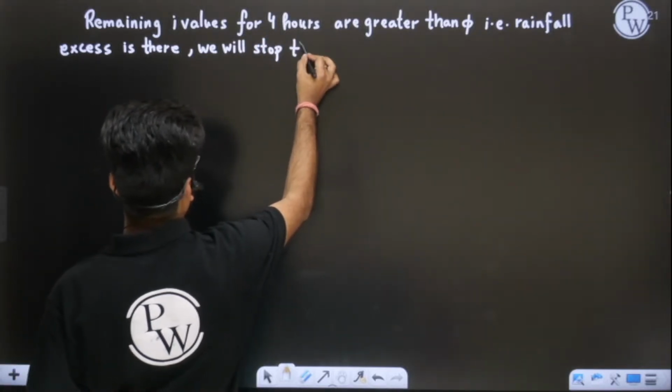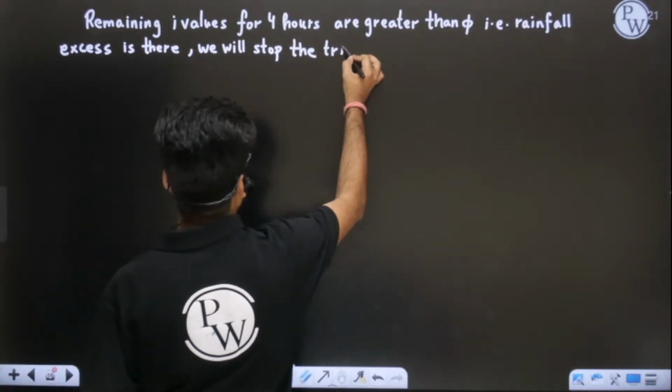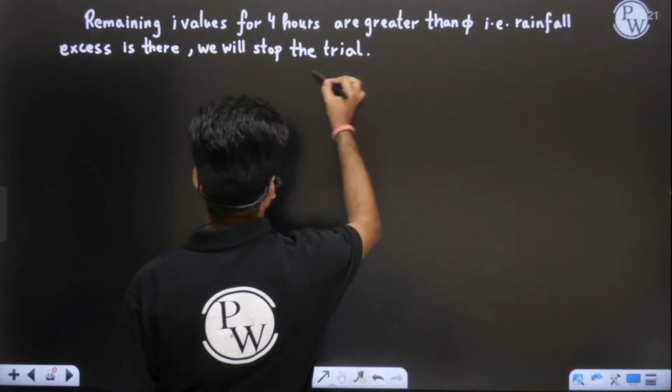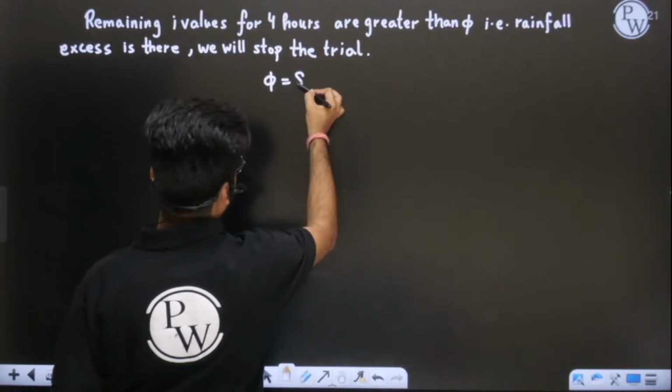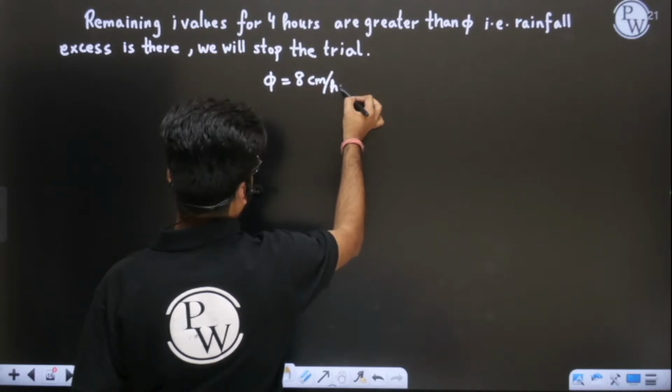So the final value of phi is 8 centimeter per hour. This is how you solve for the value of phi.